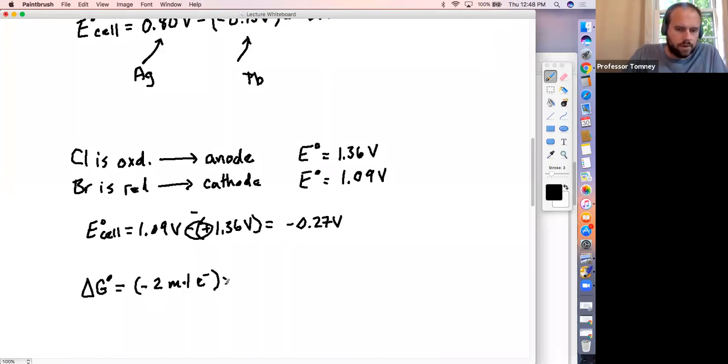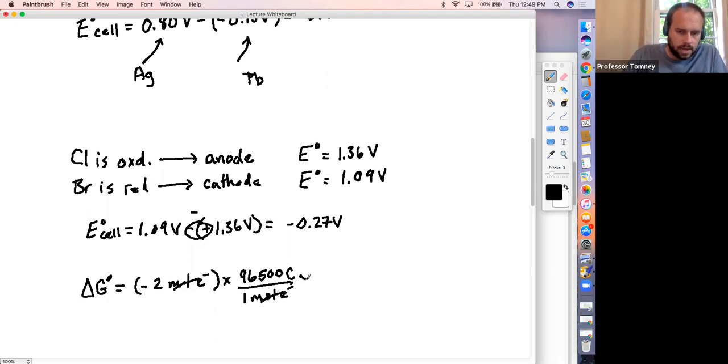I then need Faraday's constant in order to make this work. The Faraday constant, generally rounded, is going to be accepted at 96,500, and that's coulombs per every 1 mole of electrons. So I have now gotten rid of moles of electrons unit-wise, and I'm over to coulombs.